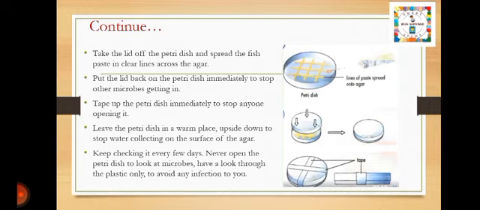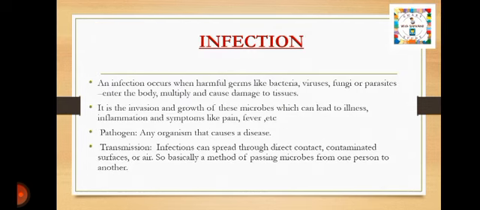So now we have heard the term infectious. What is this infectious? Infectious is basically infection. What is an infection? An infection occurs when harmful germs like bacteria, viruses, fungi, or parasites enter our body, multiply, and cause damage to our tissues.